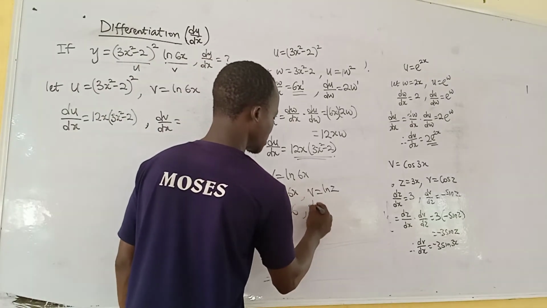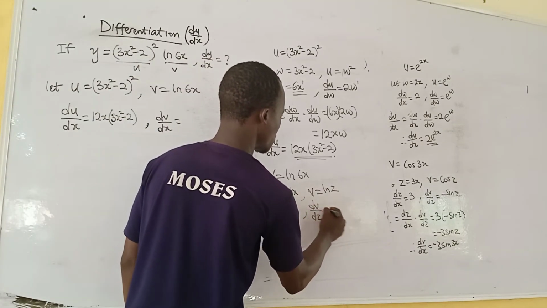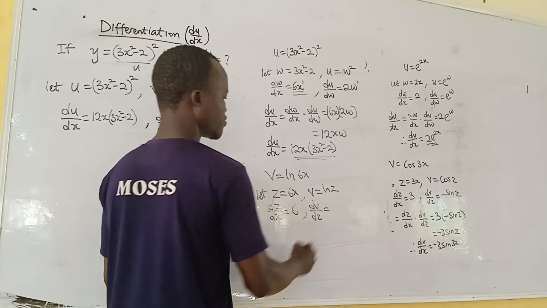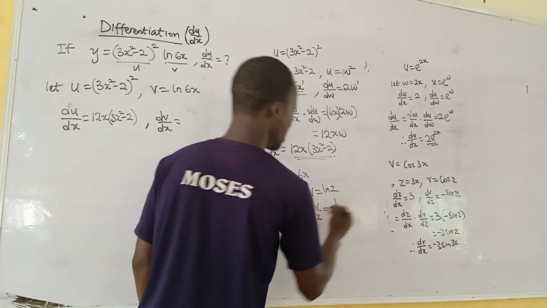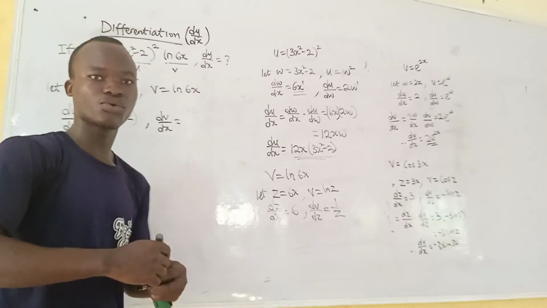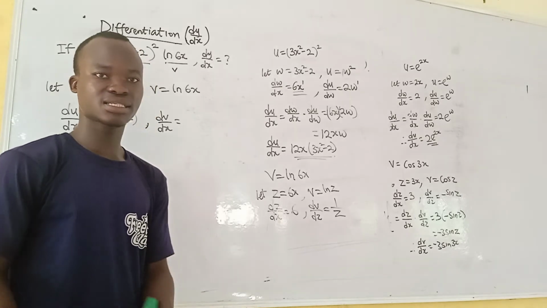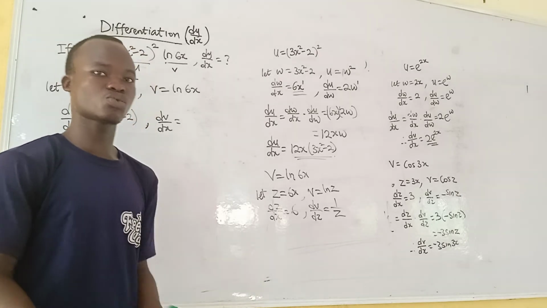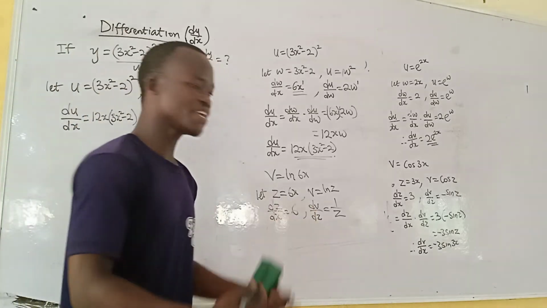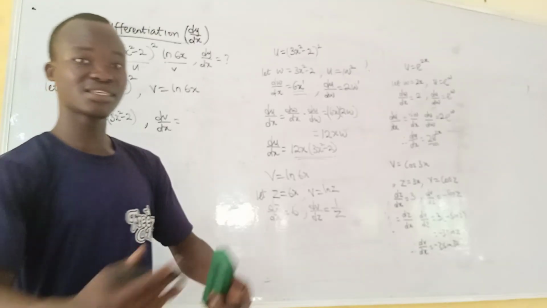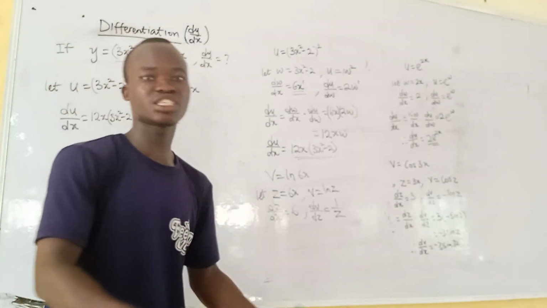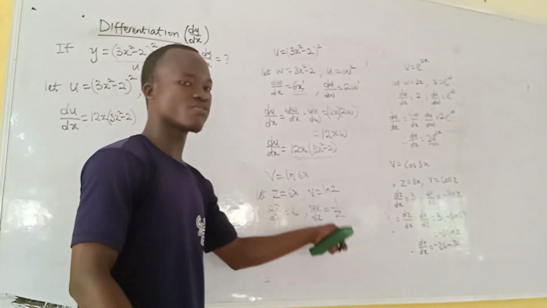And now dv/dz will give us 1 over z, from the rule that if y equals ln x, dy with respect to x is 1 over x. So also if v equals ln z, dv with respect to z will give us 1 over z.